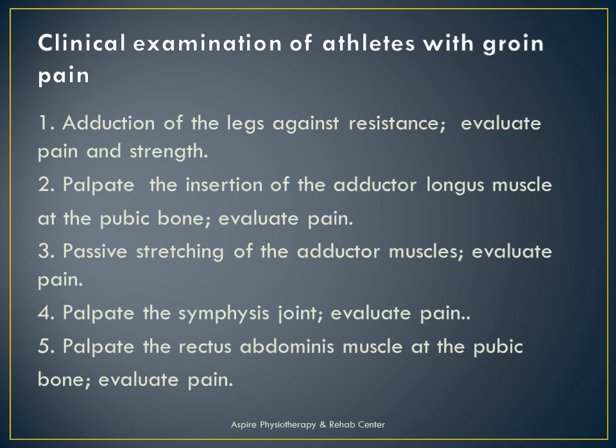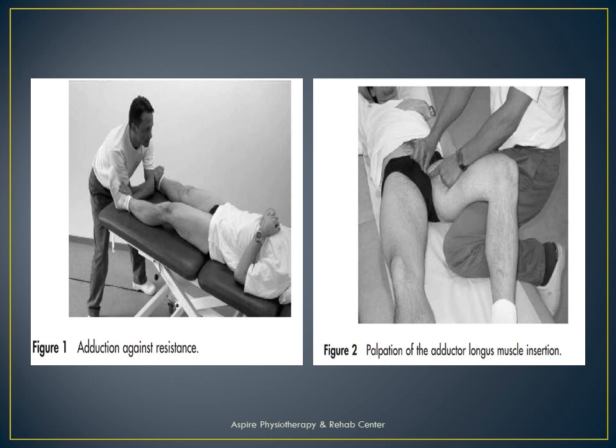Second, you can palpate the insertion of adductor magnus muscles at the pubic bone and evaluate the pain. Third, you can do passive stretching of the adductor muscles and evaluate the pain. Palpate the symphysis pubis joint, evaluate the pain, and palpate the rectus abdominis muscles at the pubic bone and evaluate the pain.